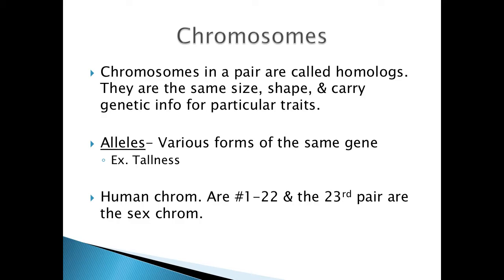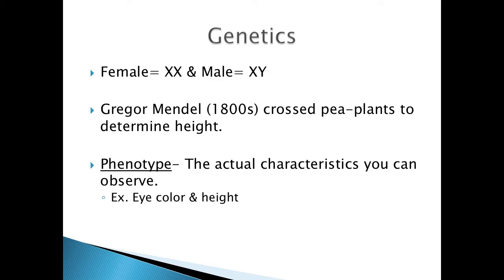So chromosome pairs 1 through 22 code for the traits that you have, such as hair color, eye color, etc. Whereas the 23rd pair determine whether or not you're a boy or a girl whenever you are born. A female has two X chromosomes, and a male has an XY chromosome.